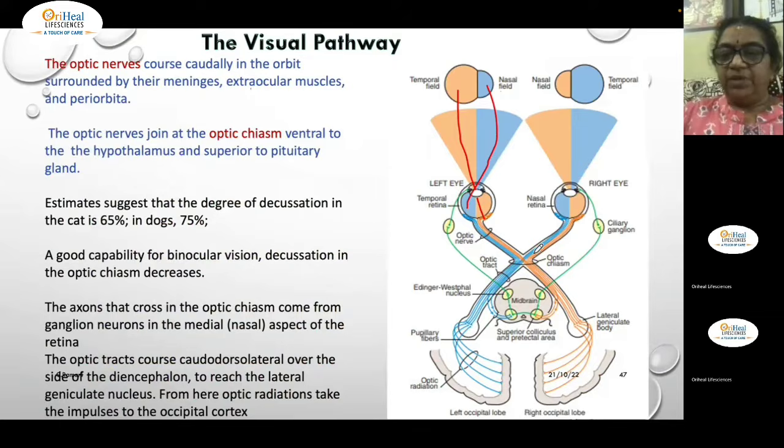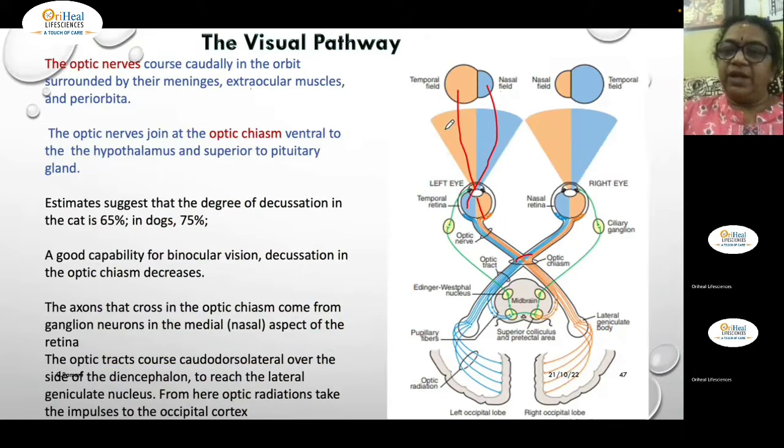Okay. So what happens at the chiasm? This is the optic chiasm, this area. So the stimuli or the impulses which are taken from the peripheral, the lateral side, will cross over, and also from here it will cross over and come to the opposite side.